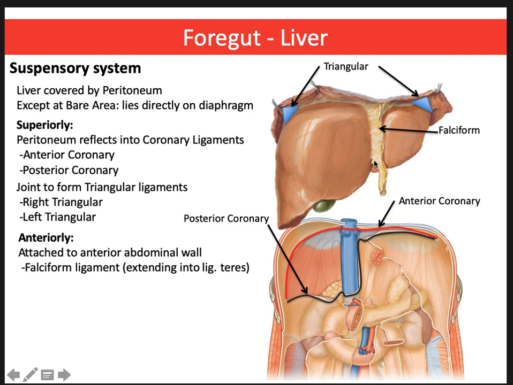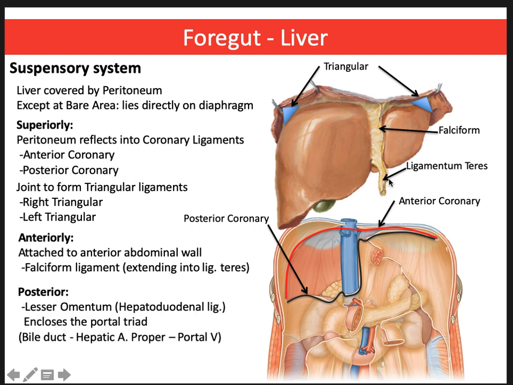Falciform comes from falx, so it's basically a separation of the peritoneum that will be right here. It's extending down to what we call the ligamentum teres. No need to remember that this is an embryological remnant. So you have this ligamentum teres, this round ligament right here, that extends from your falciform ligament.